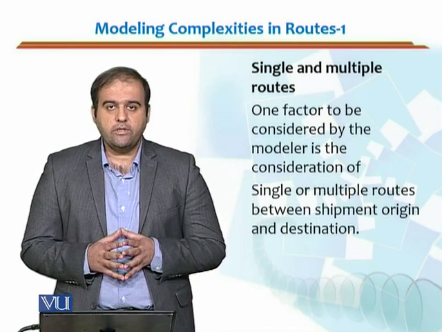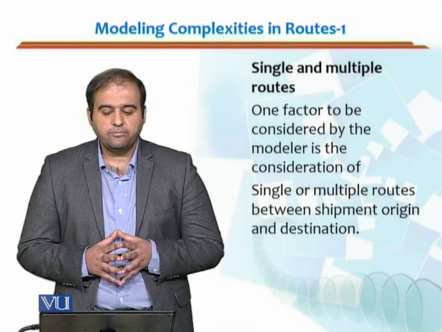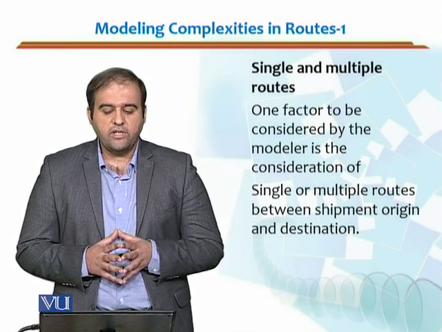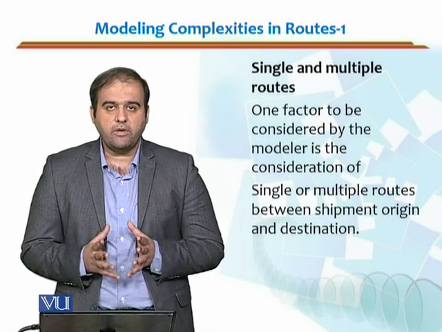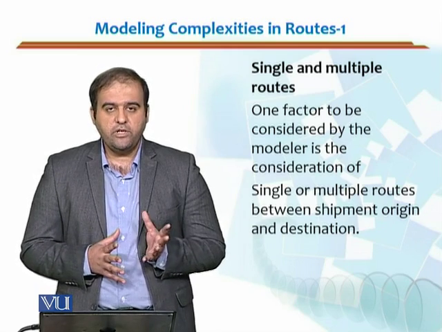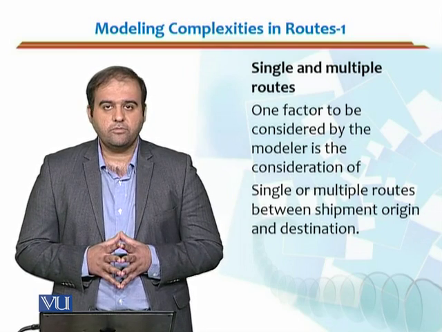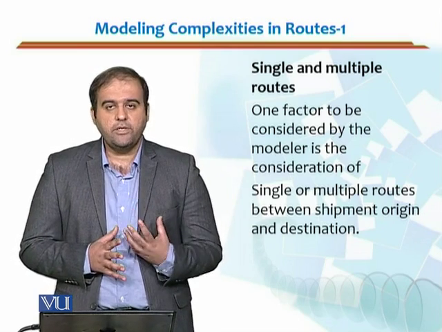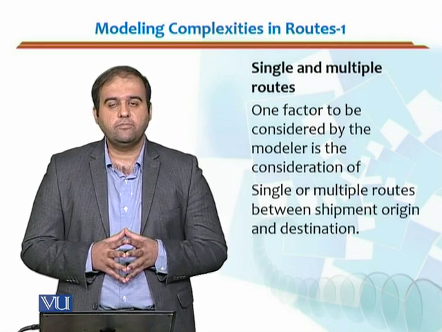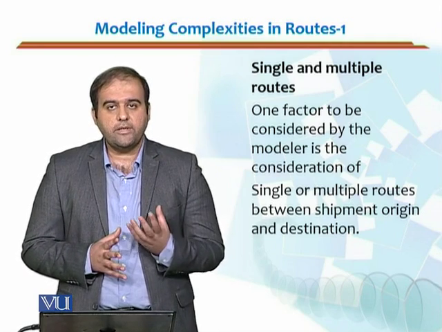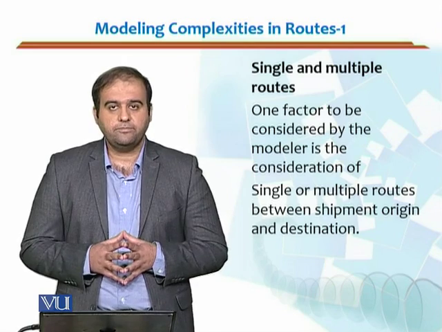One factor we need to consider is a single or multiple routes between the shipments from the origin to the destination, of course. There can be one single preferred route, or there can be many alternate multiple routes as well.